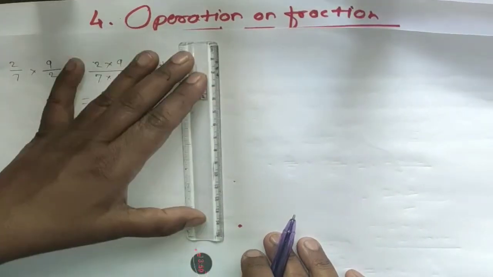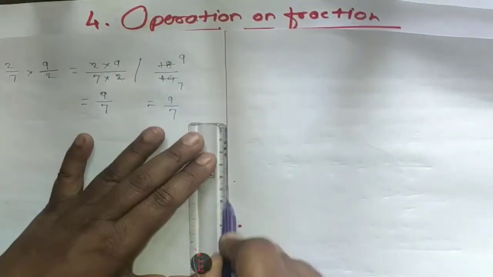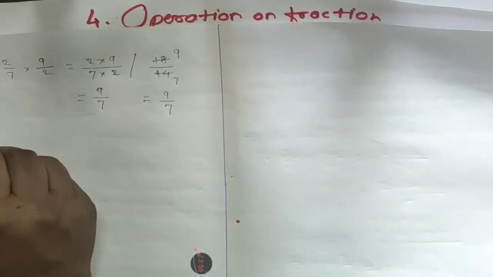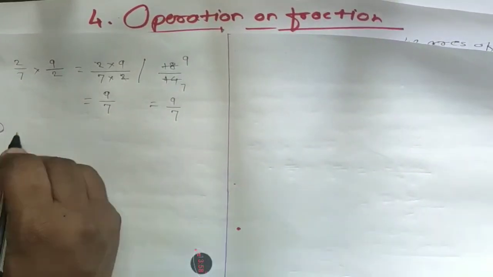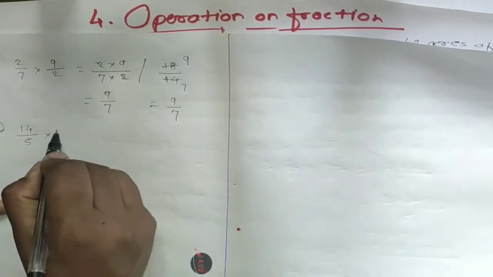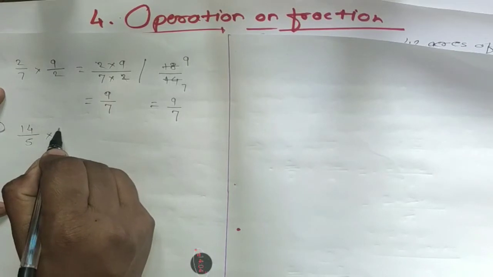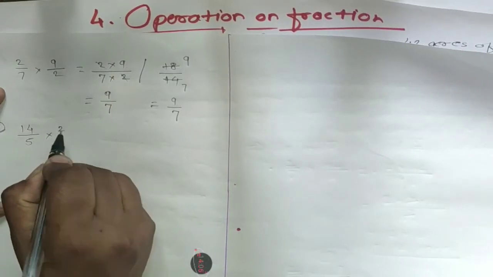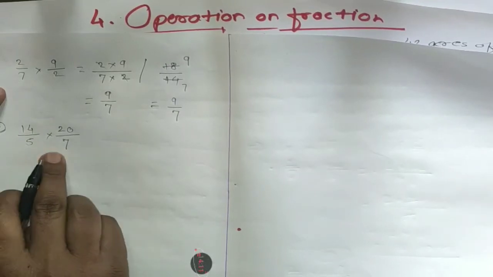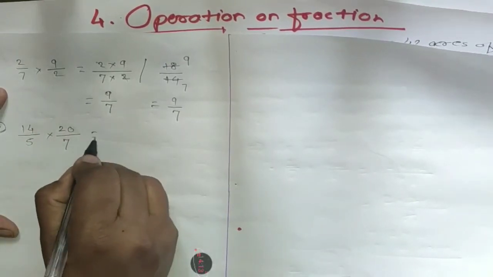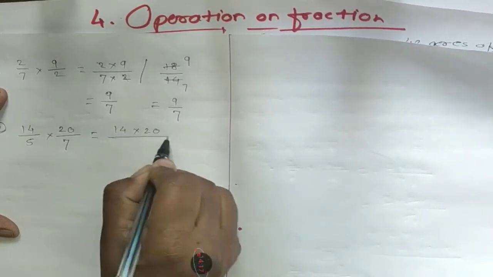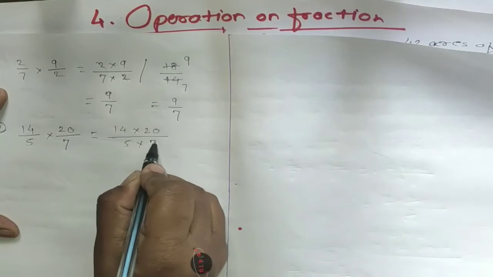Now we will see some more examples. For the second example I will take 14 upon 5 into 20 upon 7. For that you do the numerators' multiplication, 14 into 20 divided by 5 into 7.